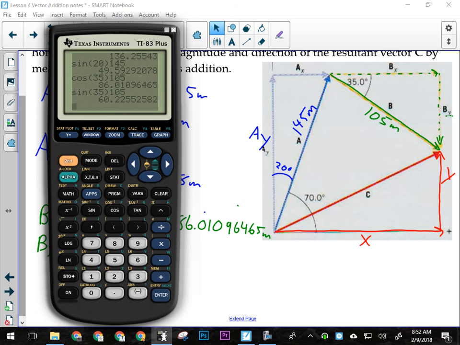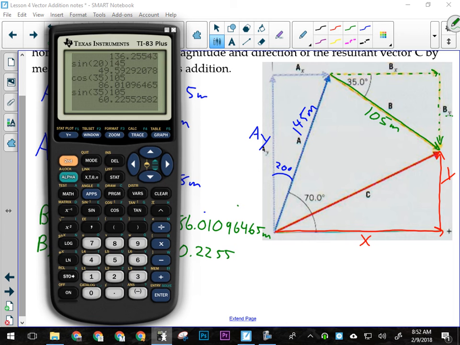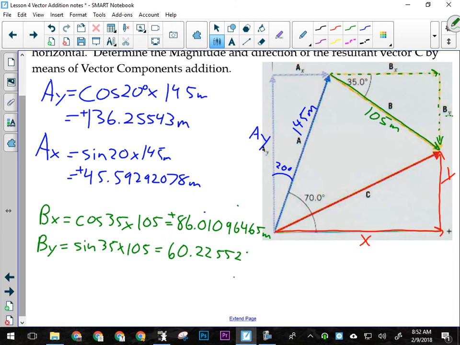It is 60.2255. Is that one positive or negative? That one's negative because it's downwards.